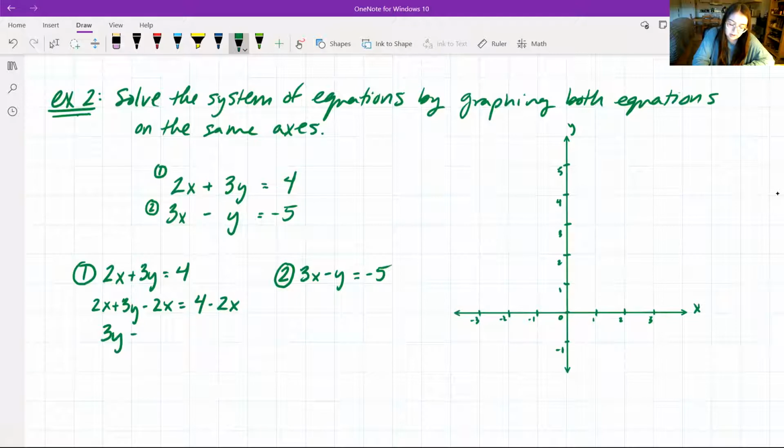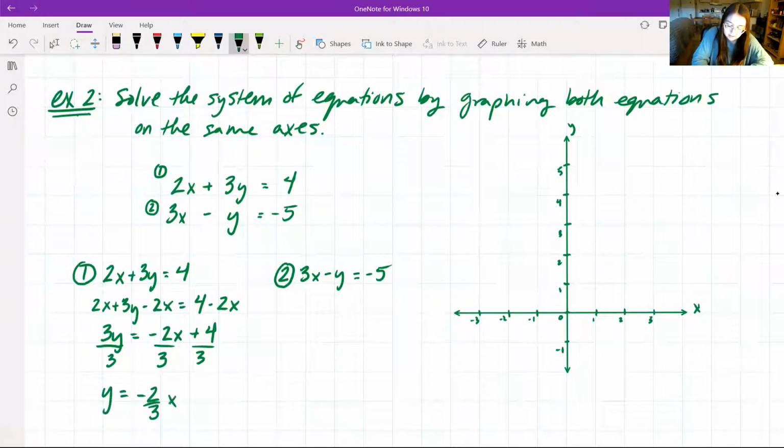So now we have 3y is equal to, we're going to rearrange our equation to say -2x plus 4 instead. Just keeps it more in the slope-intercept form. And now we want to solve for y, so we're going to divide each term by 3. And this gives us our equation y is equal to -2/3 x plus 4/3. So now we have our equation in slope-intercept form.